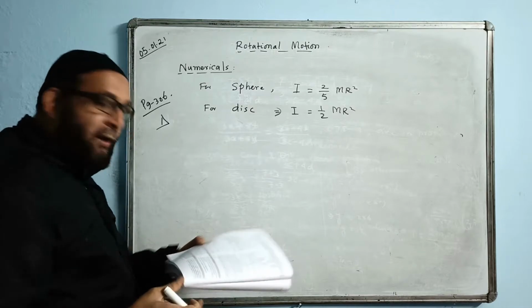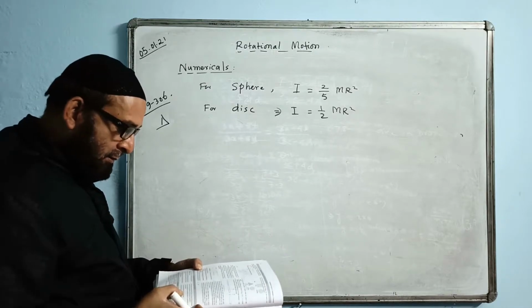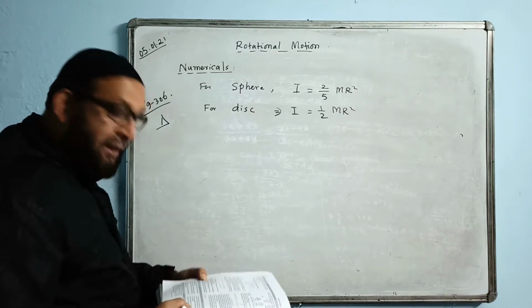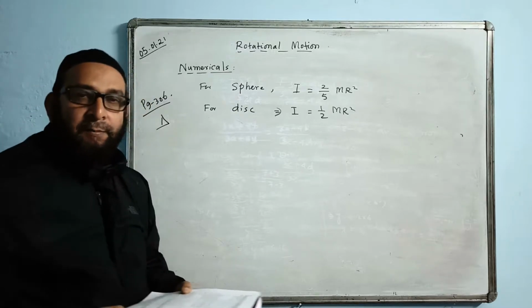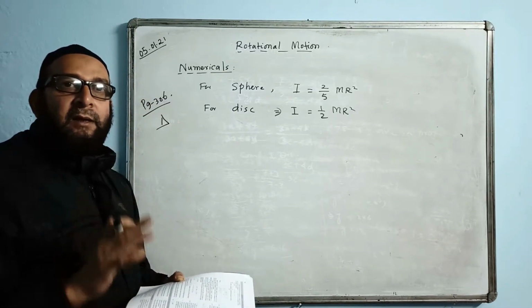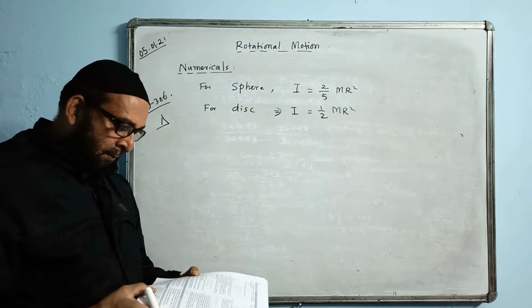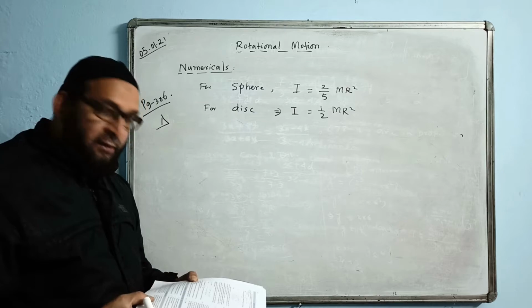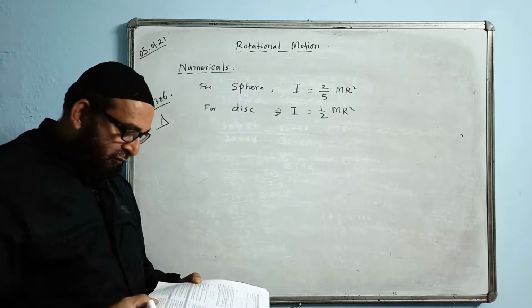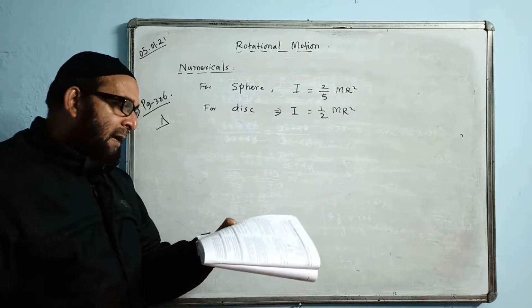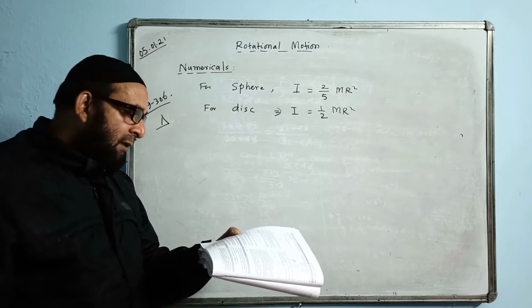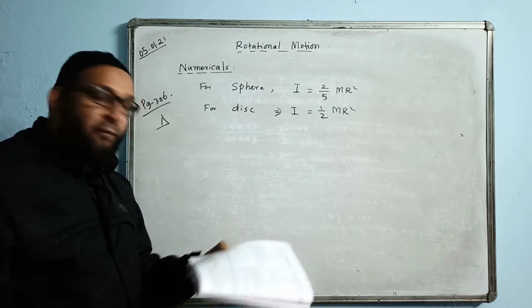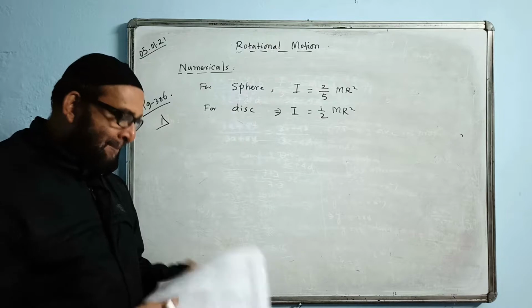It says a phonograph turntable rotating at 78 rpm stops in 3 seconds after switch off. Calculate the angular acceleration and the number of revolutions done before coming to rest.